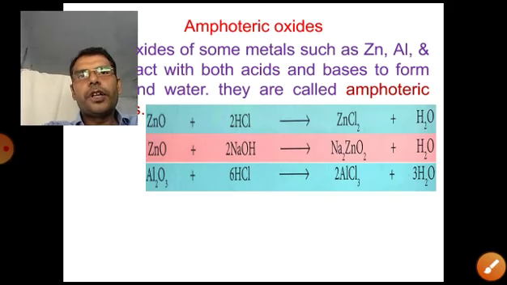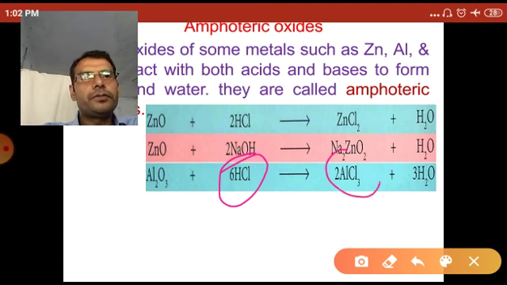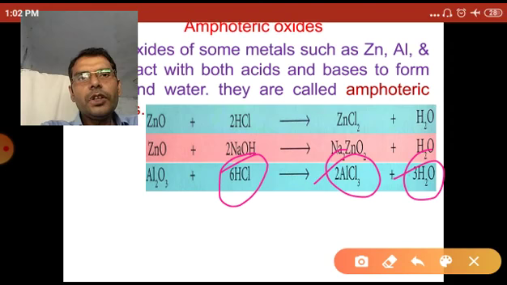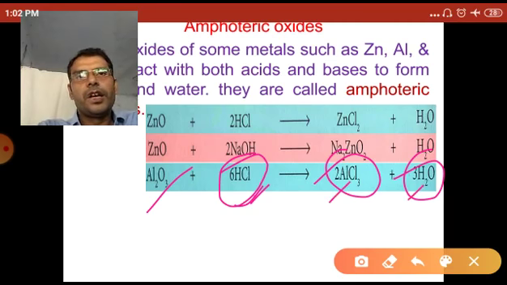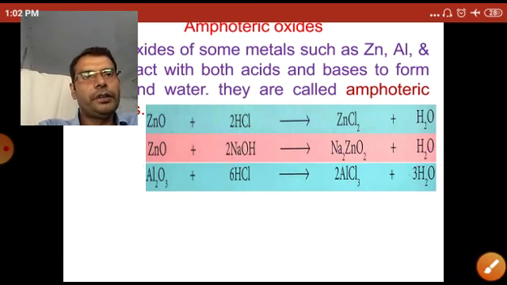Now the next example: when aluminum oxide reacts with hydrochloric acid, it forms aluminum chloride, a salt, and water. HCl is an acid, and when it reacts with aluminum oxide it forms salt and water. It means aluminum oxide is behaving as a base, because it reacts with HCl acid to form salt and water.